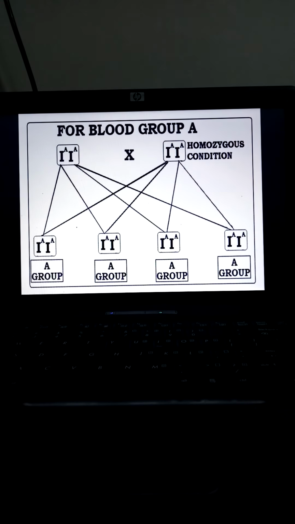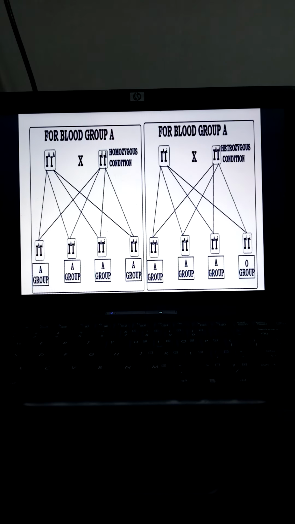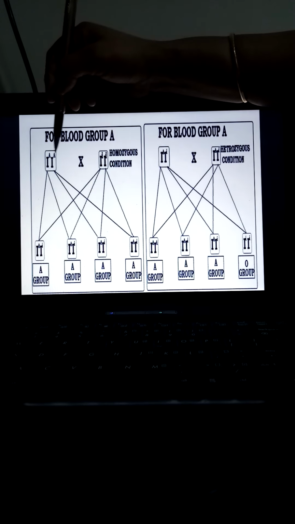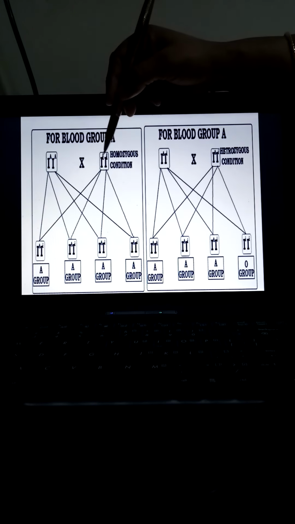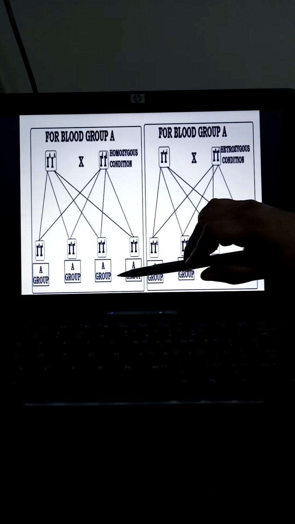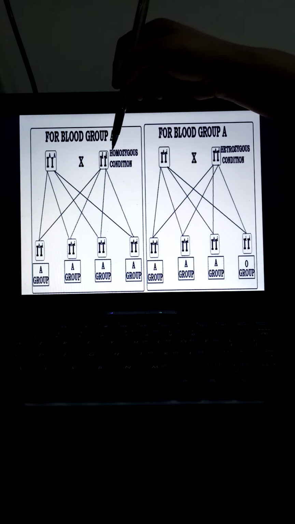But if the parent is not homozygous, for example, if one parent has IAIA blood group and the other parent has ii blood group, then what will be the progeny? In this case, I told you one thing: A is dominant and i is recessive.